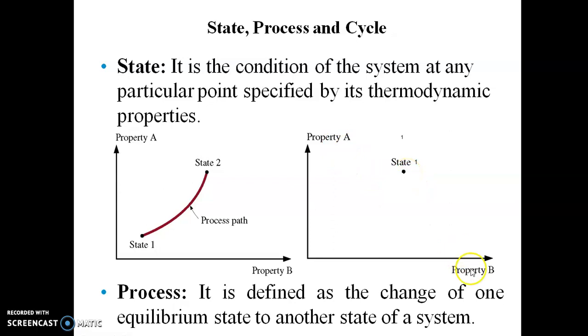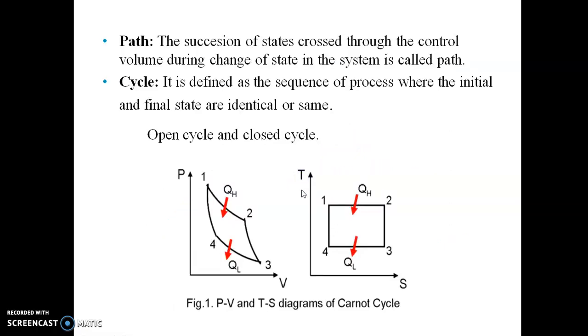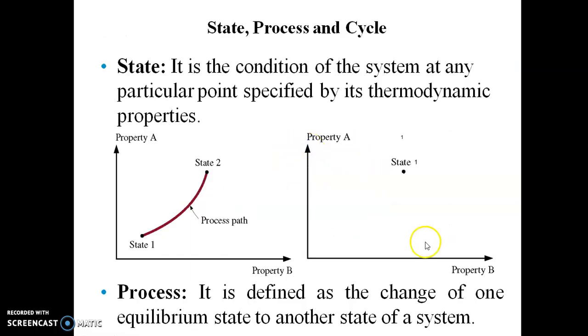It can be pressure and temperature. If we know the pressure and temperature of a particular thermodynamic system, then we can fix a point on the graph, and that is called the state.